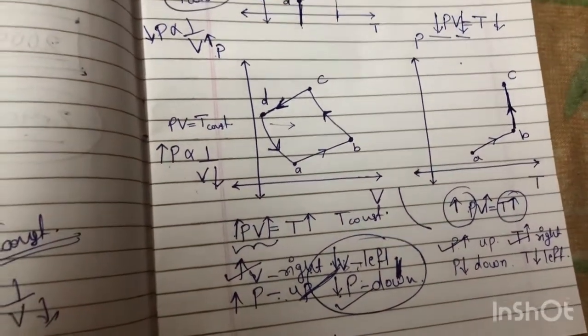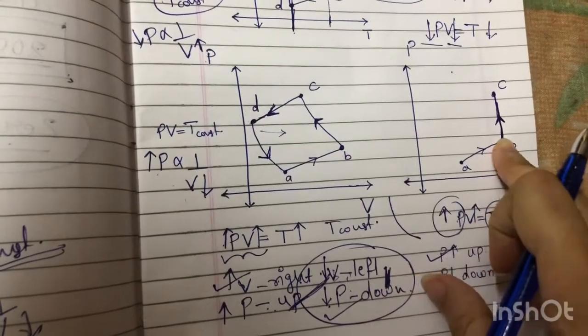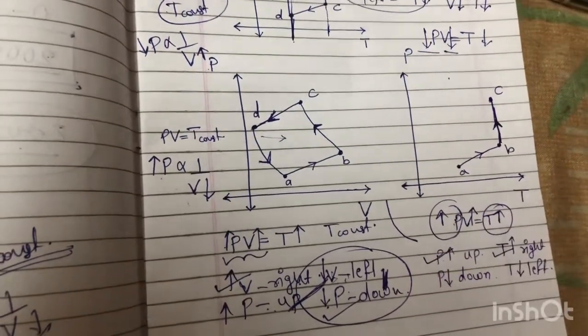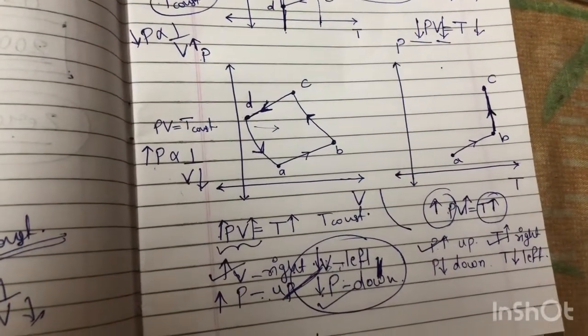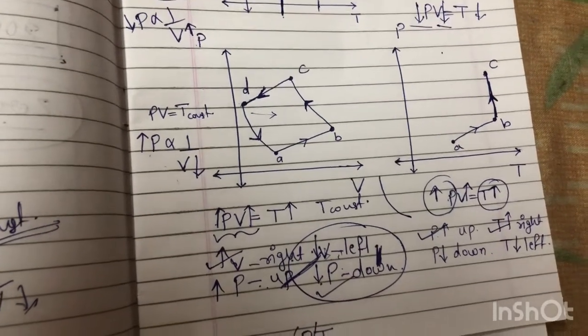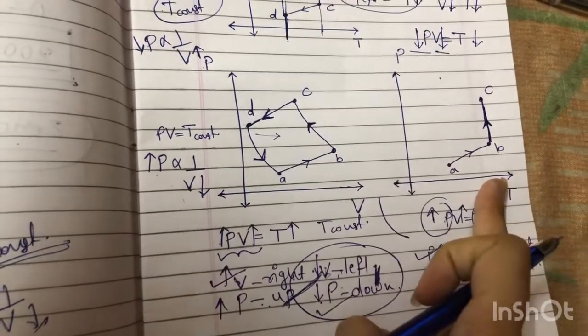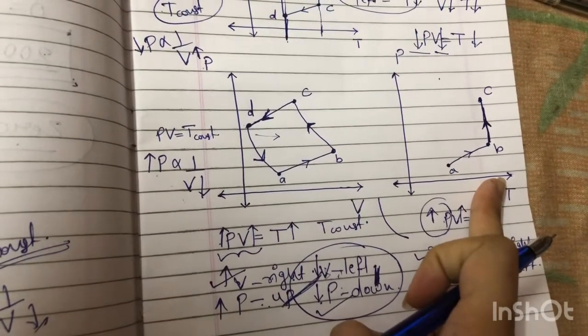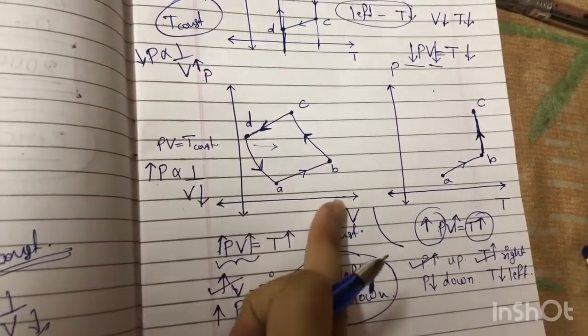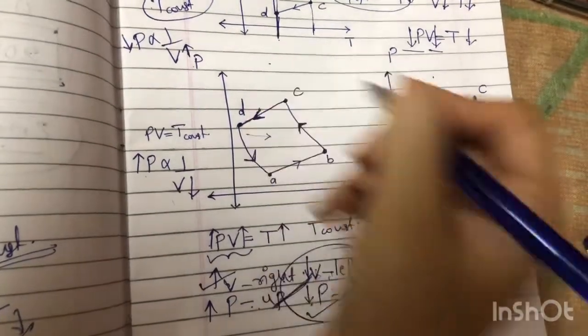Now here you will say, miss, here the line is not a curve, it is a straight line. In this case, the diagram is P versus T. When it is P versus T, we are not going to draw curve lines. For P versus V, we draw curve lines when temperature is constant.